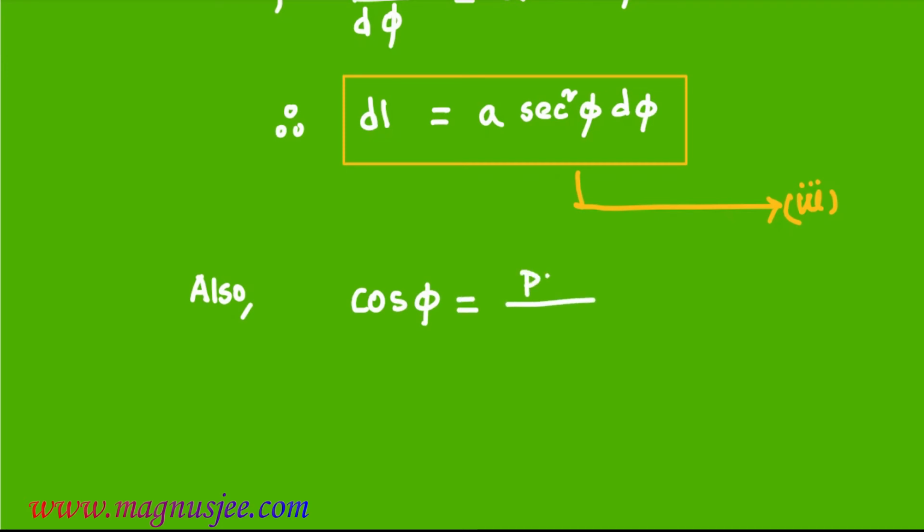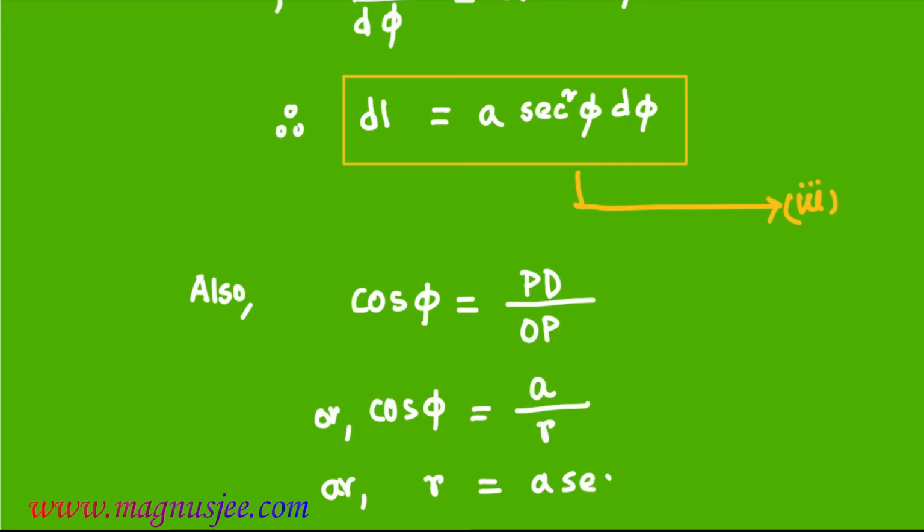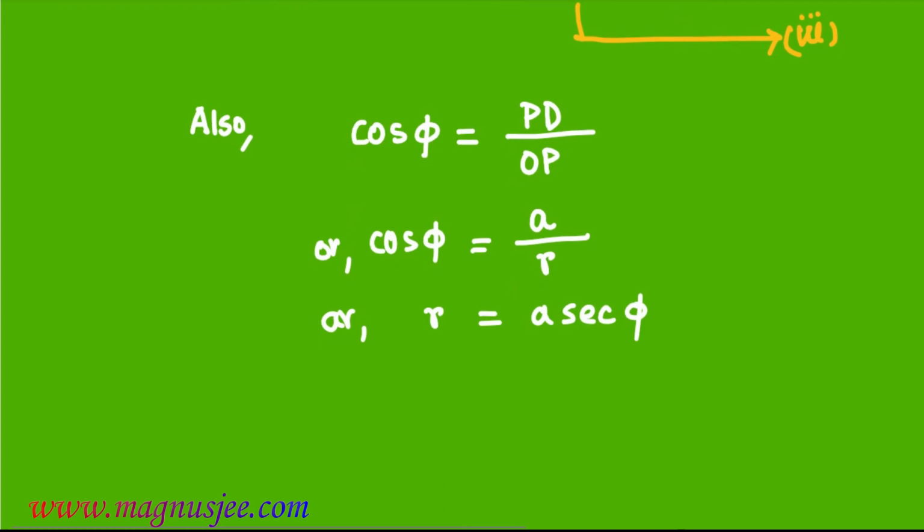Base is PC, hypotenuse is OP, which is A by R. So cos φ equal A by R. Therefore R equal A sec φ. So this is the expression of R, the oblique distance of the point P from the current element AC. R equal A sec φ, which is equation 4.